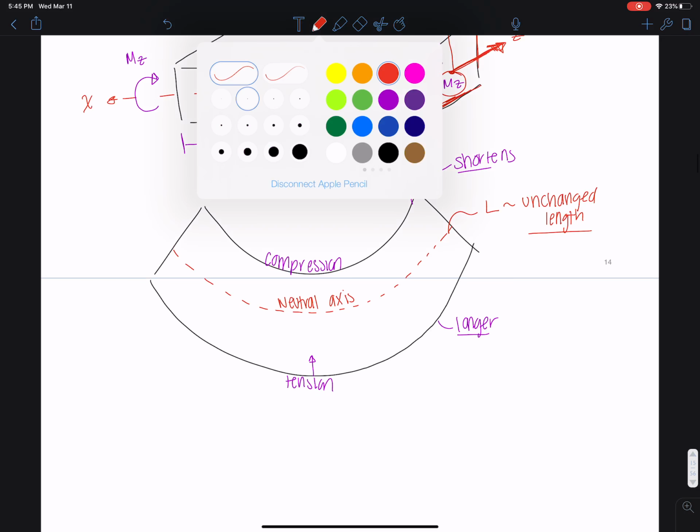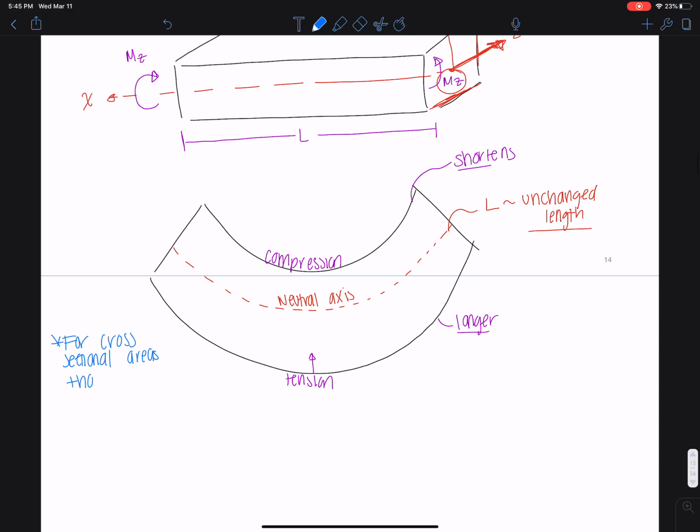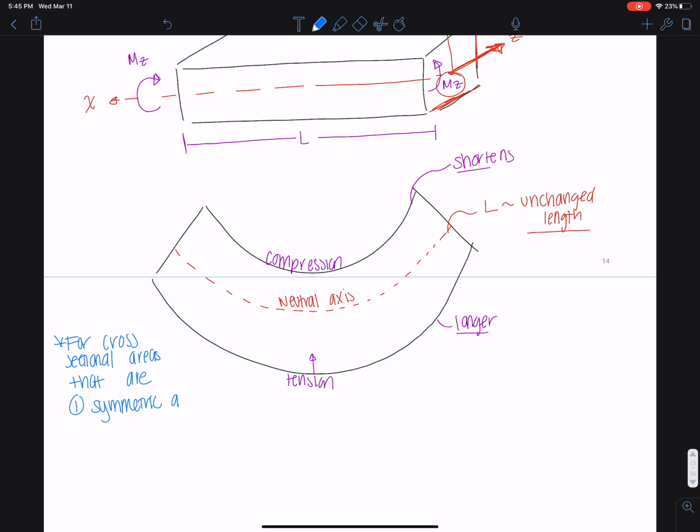And just so we're clear here, let's put a little side note. This derivation is for cross-sectional areas that are, 1, symmetric about the perpendicular axes to the NA.